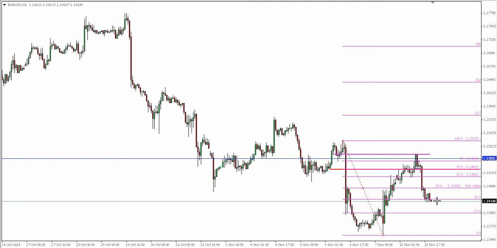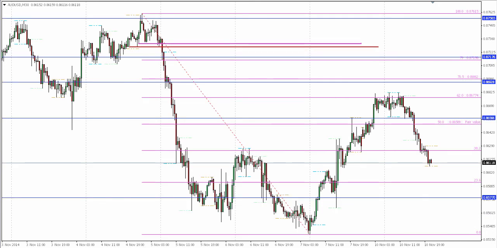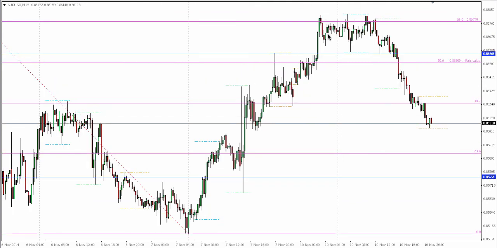This is it for today. Yesterday I also planned an Aussie dollar trade, but price never reached the level I was looking for today.